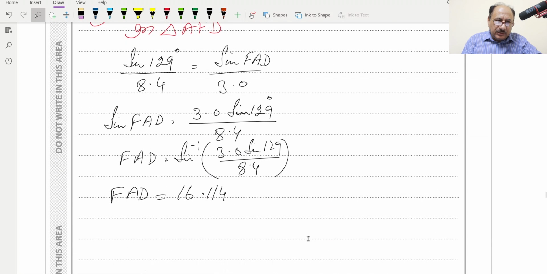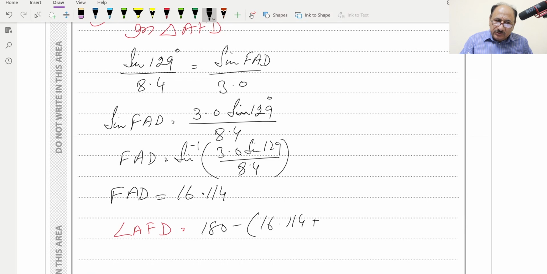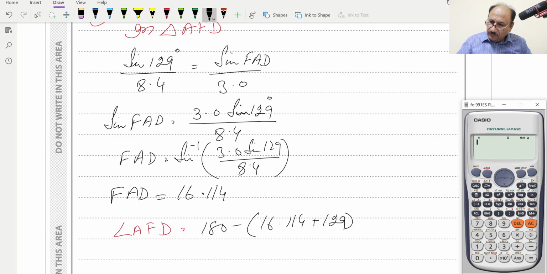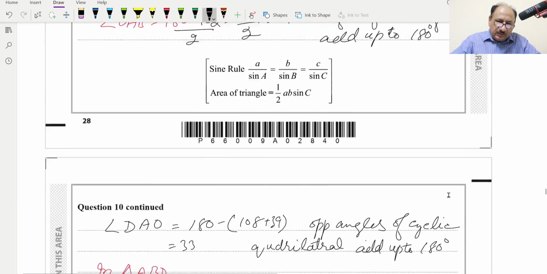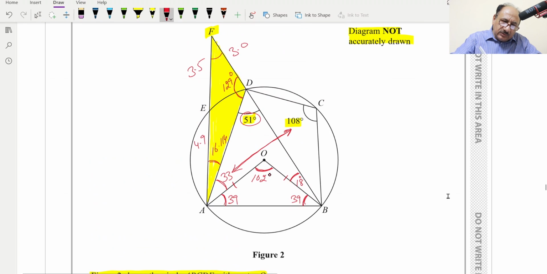So angle AFD will be equal to 180 minus in brackets 16.114 plus 129, and this will be equal to 34.886, so we can write 34.89. Now we got all the angles.